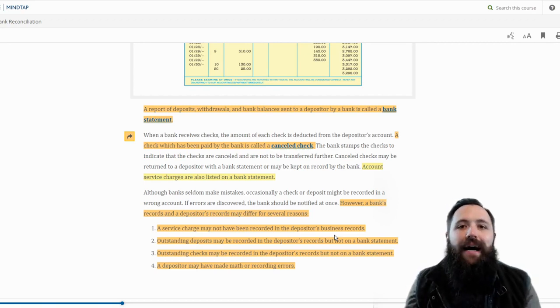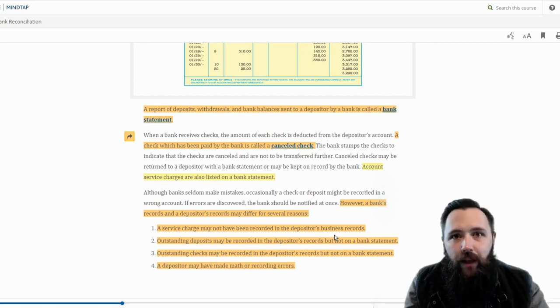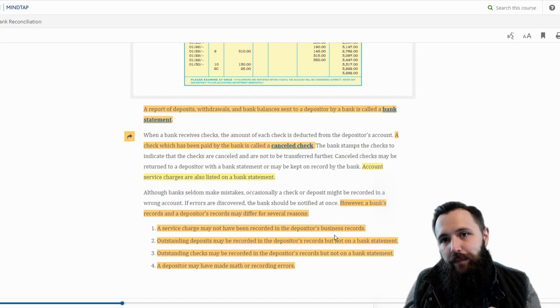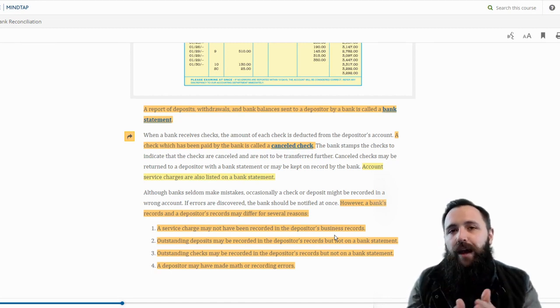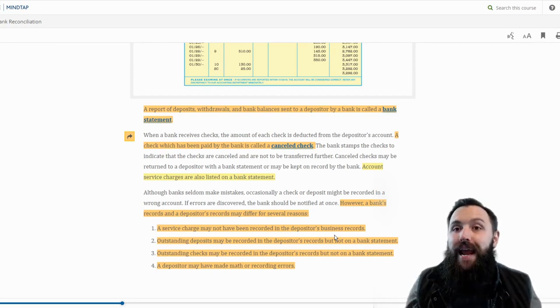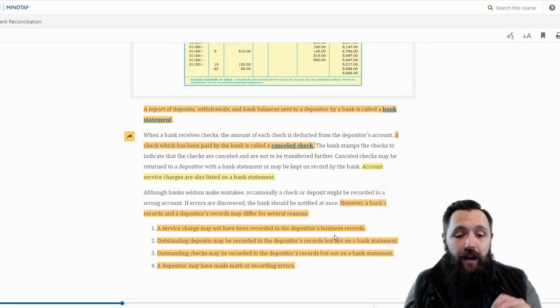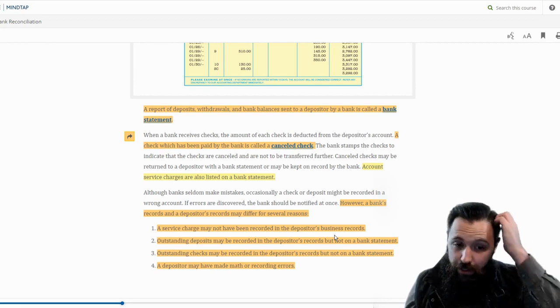And we're going to go deposit that in the bank. Well, we go and we deposit it in the bank, and we automatically write it down that it went in the bank, right? But the bank statement might have a little period of time where that has to clear. So you might have deposited it in the bank, you recorded it on your checking account, but the bank has not yet processed it yet. That is number 2. The second reason.